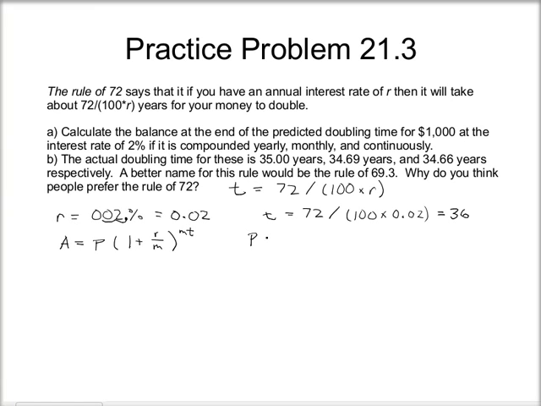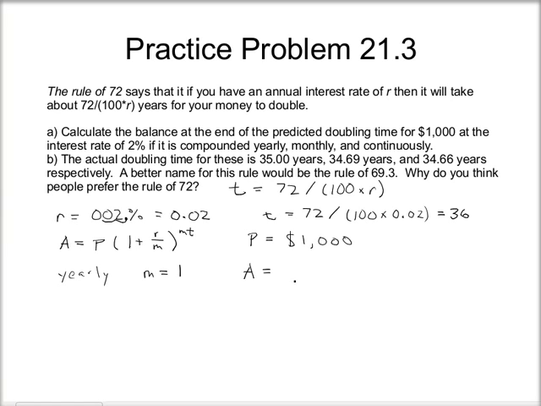My principal, what I start out with, is $1,000. For yearly, the number of times that interest is compounded per year, M, is going to be equal to 1. And my T is equal to 36, so now I can plug that all in.